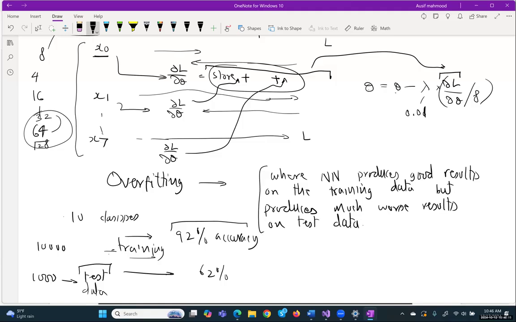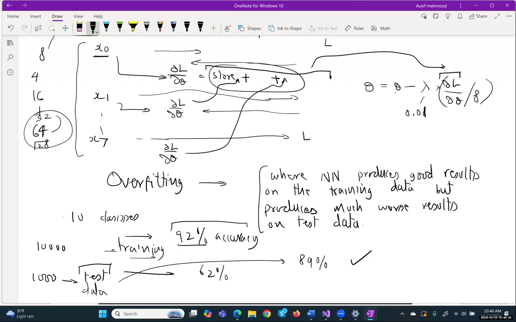Usually in practice, the test accuracy will be a little bit less, which is okay. For example, if it is 92% on the training data and 89% on the test data, this is okay, because there will be slightly less accuracy on unknown data.